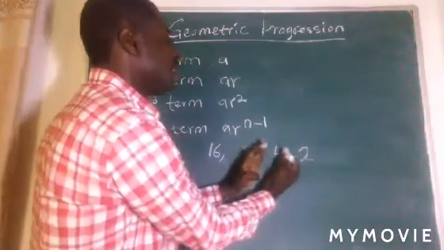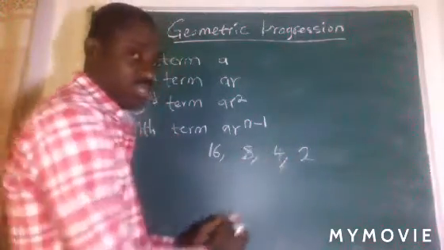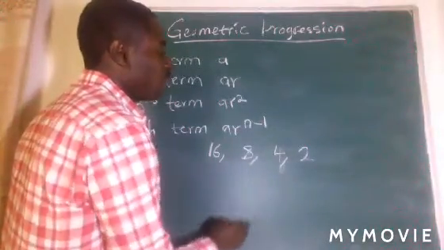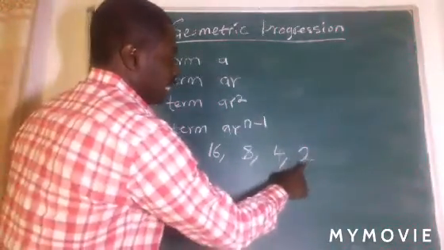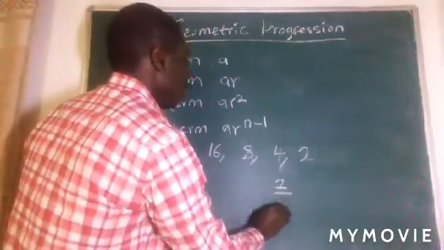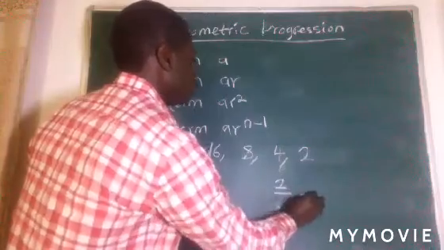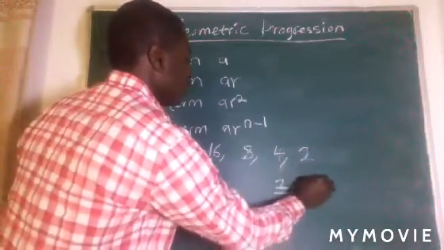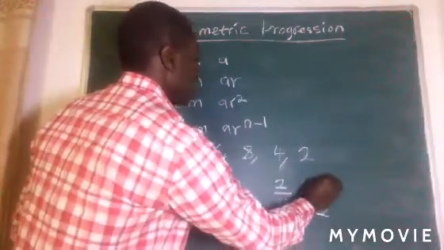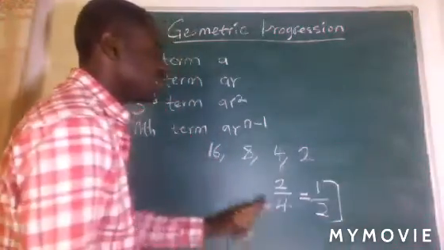This term divided by the previous one gives you the ratio. So, for instance, let's get the common ratio. This divided by this will be 2 divided by 4. 2 goes into 2 one time, and 2 goes into 4 two times. So it's a half. The common ratio is half.